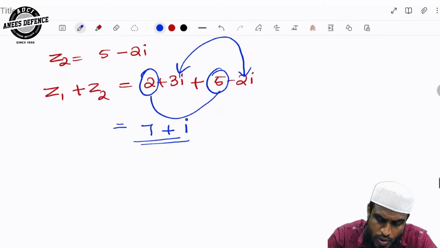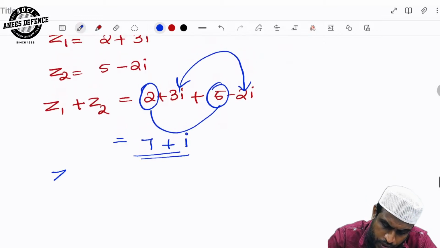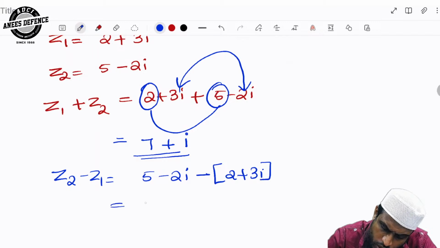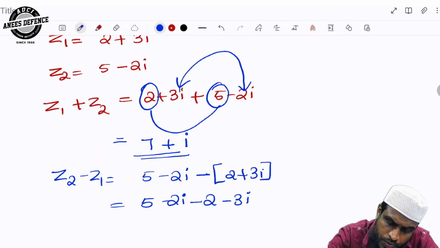Similarly, if you want to subtract Z2 minus Z1, that is 5 minus 2i minus (2 plus 3i). So you can write 5 minus 2i minus 2 minus 3i.